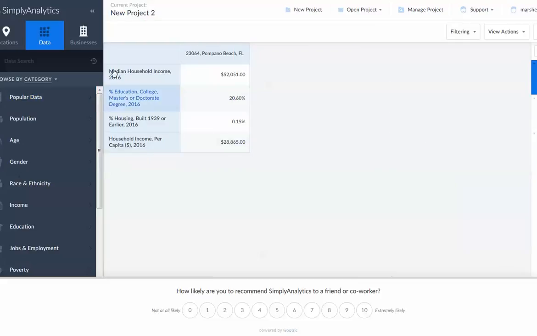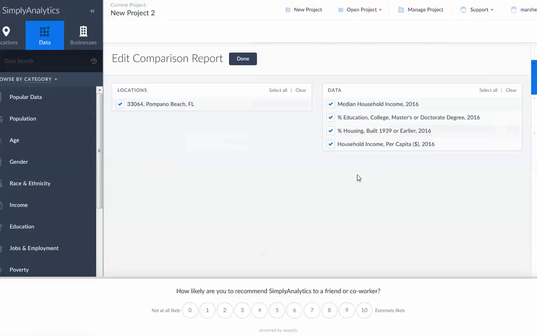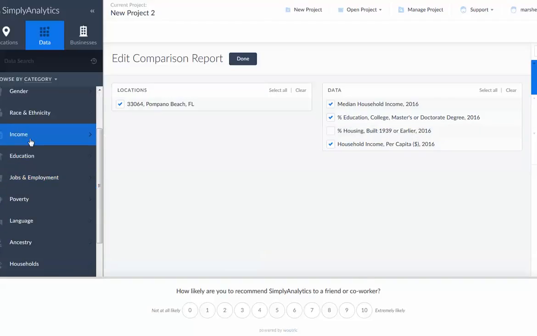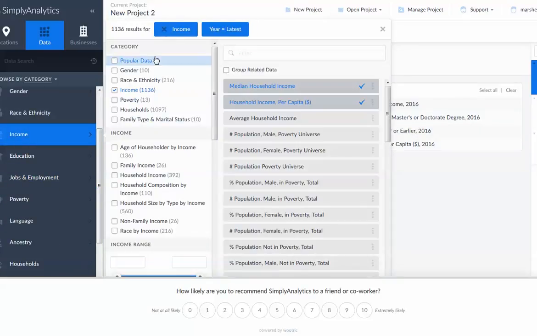Can close that. And now I have the household income per capita, right, is 28. And we still have the, let's take out that darn housing one. I really don't want that one. Let's see, where are we? Let's go back to income.